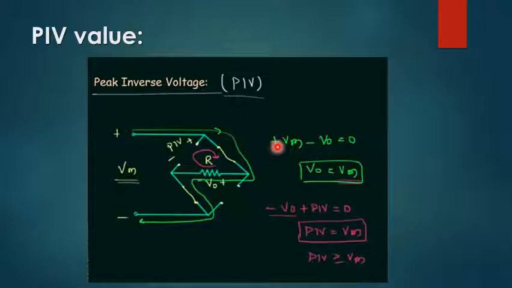So as we know, plus Vm minus Vo is equal to 0, so Vo is equal to Vm. But here, due to this rectification, minus Vo plus PIV is equal to 0, so PIV is equal to Vm. But here the PIV value is greater than or equal to Vm.